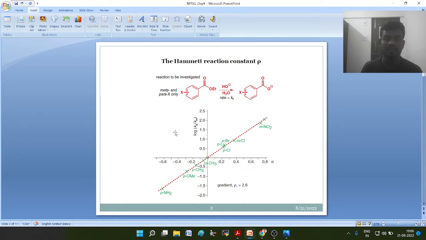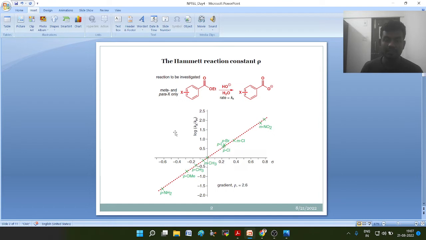So what will happen after the hydrolysis? We will get the corresponding substituted meta or para substituted benzoate. So it's a second order reaction, and this X, what are the X's, are like NO2, metachloro, parachloro, parabromo, which you see as the green color dotted points.